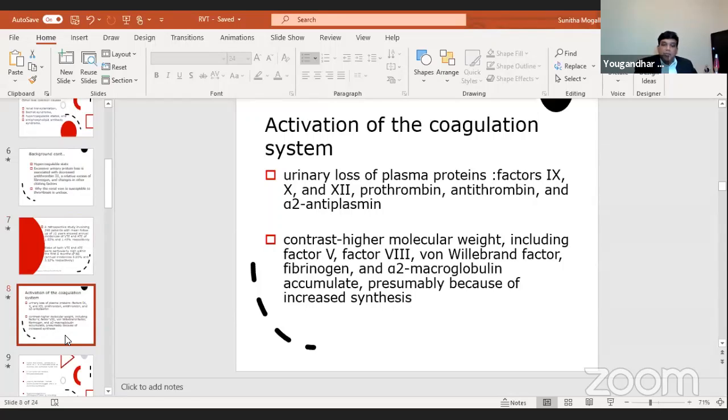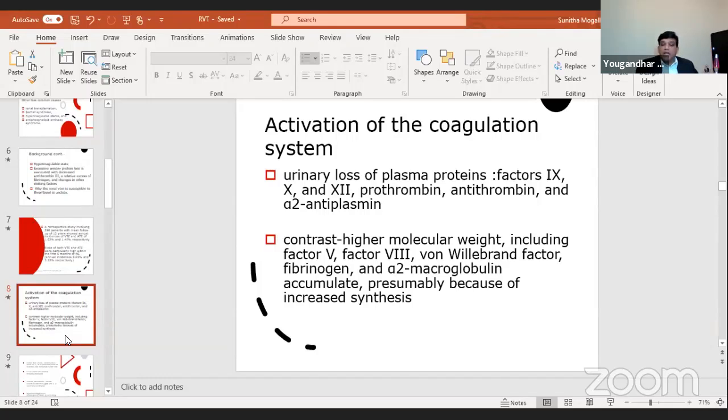So this is a little bit of elaboration of the pathology that we discussed. In the interest of World Thrombosis Day, this is what happens. You lose the proteins that you need to protect against clotting, like factor 9, factor 10, 12, antithrombin.